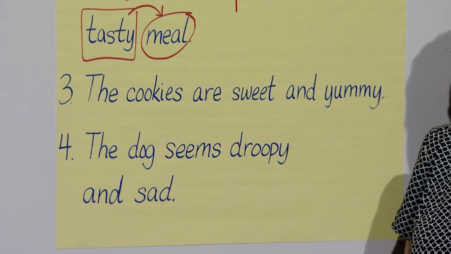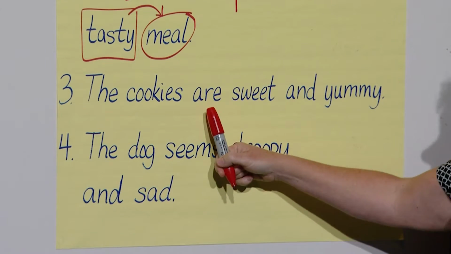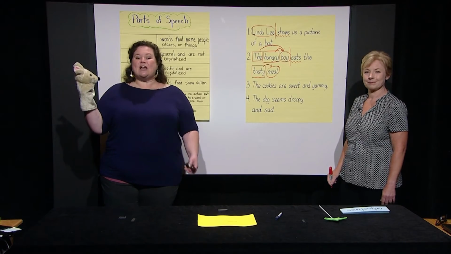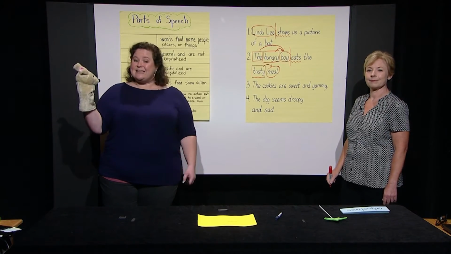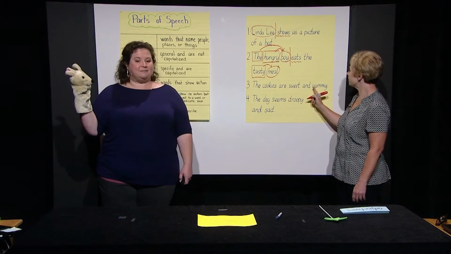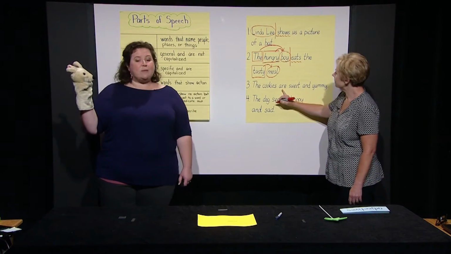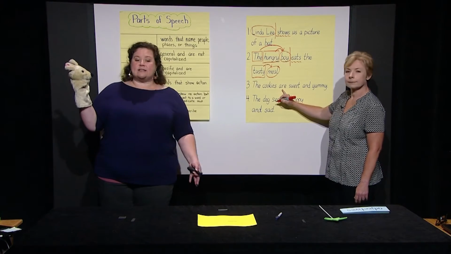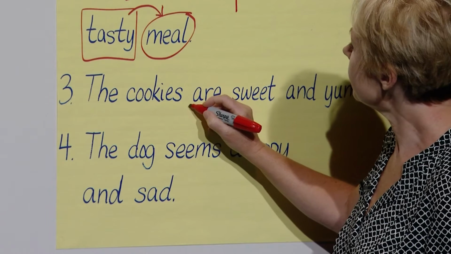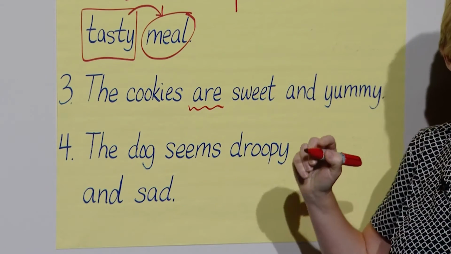Well, it's got to be are. You are correct. There is a word are, and it is linking from cookies to sweet and yummy. The word are doesn't show any action. It connects the subject to the adjectives that describe it. Candy will draw a squiggly line under are.